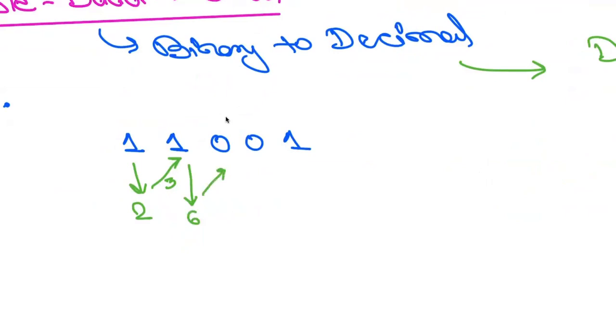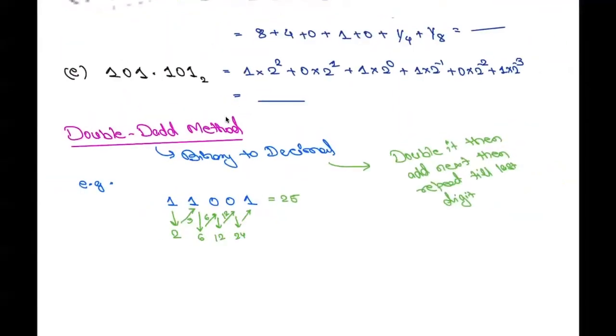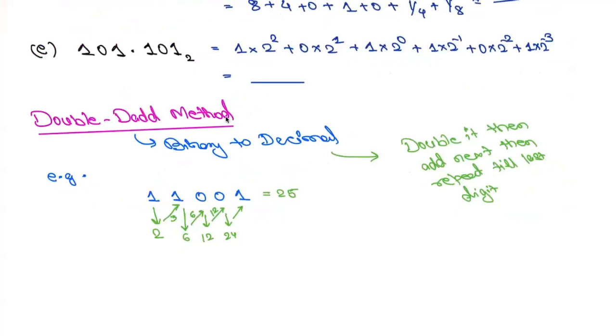Then add 0, it will become again 6. Then double it will become 12. Then again add 0, it will become 12. Then again double it will become 24. Then add 1, this will become 25. समझ आया थोड़ा थोड़ा? ठीक है, so this is called the double add method.